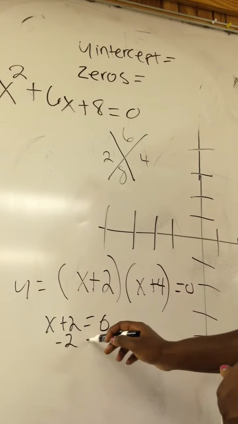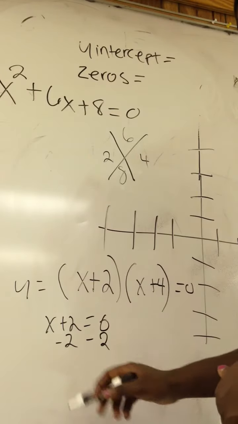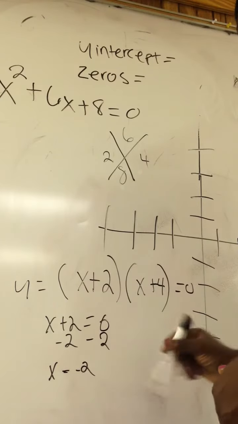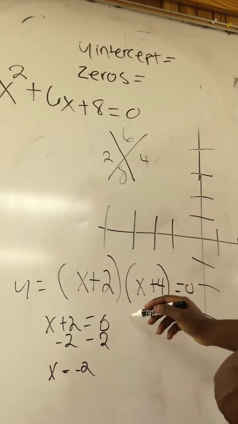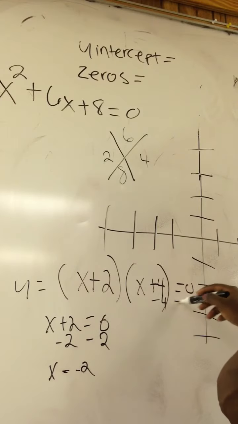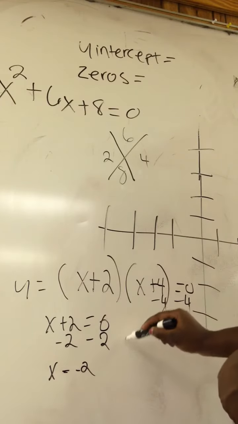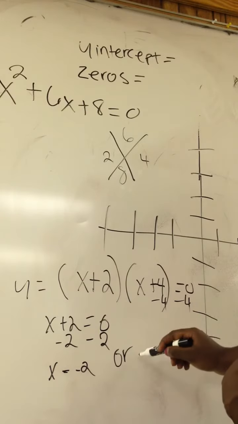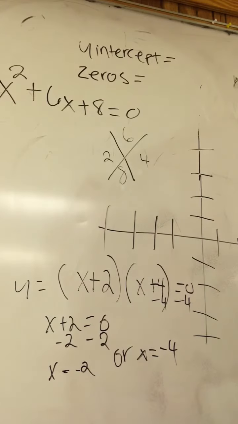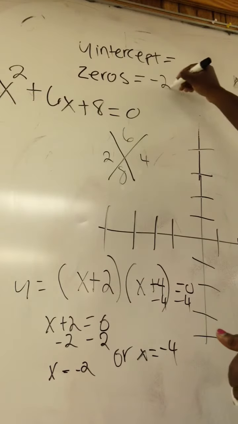You have to get the x by itself, so you're going to subtract 2. So I know that x equals negative 2. And I know that you're going to subtract 4 from here, subtract 4 from here. So x equals negative 2 or x equals negative 4. So those are my zeros. I'll write that up here.